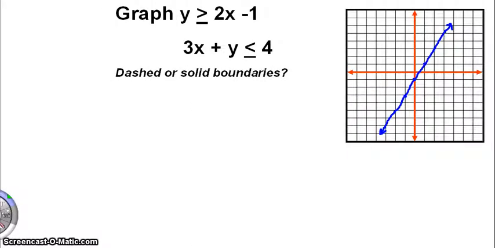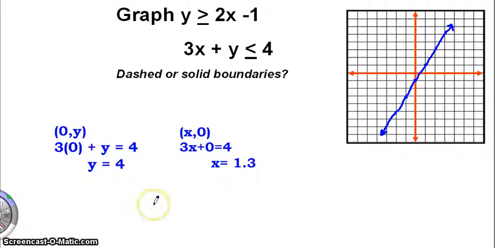For the 3x plus y less than or equal to 4, I could change that to slope-intercept form. You're perfectly at liberty to do that. I could also do my x and y intercepts. Plugging in 0 for y to find your x-intercept, because that's on the x-axis, you get x of 4 thirds, or 1.3.